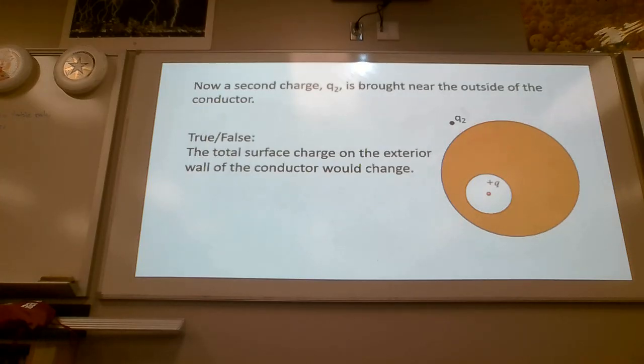Q1 was already there, and Q2 is sure no. If you somehow shove Q1 in there, then I think it would, because Q1 would result in positive charge along the side. Correct answer is false.